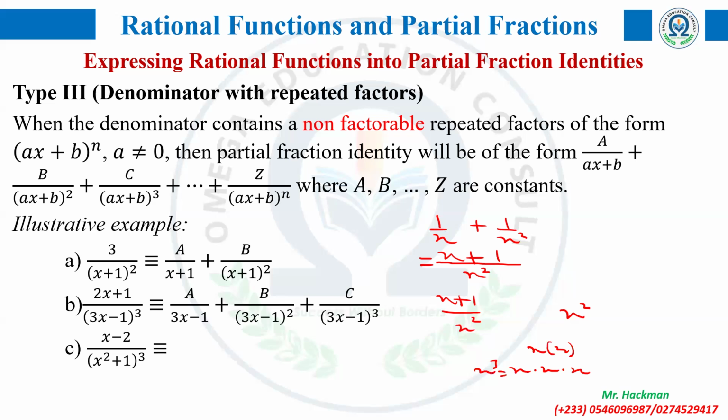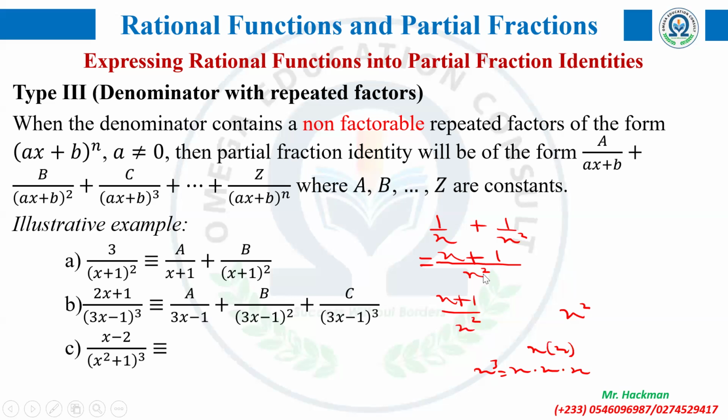Okay, so take note. The power here, which is the power of your repeated factor, indirectly will give you a rough idea of the number of fractions that you can get from that repeated factor.